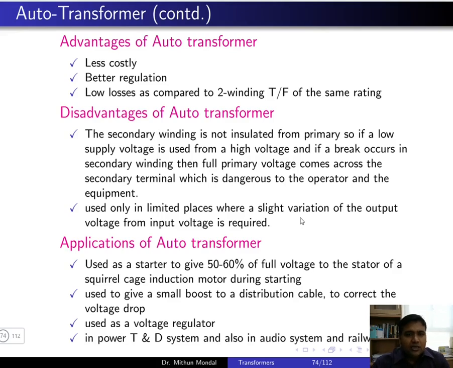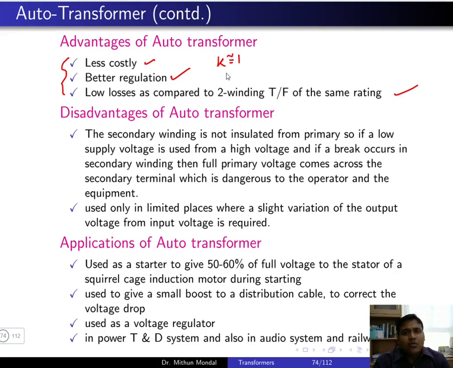So let us look into the advantages, disadvantages and applications of the auto transformer. The advantages of an auto transformer are that it is less costly, you can achieve better regulation, and it has low losses as compared to a two winding transformer of the same rating. These advantages are because the transformation ratio K is close to 1.